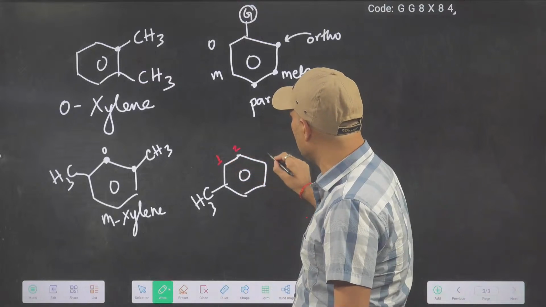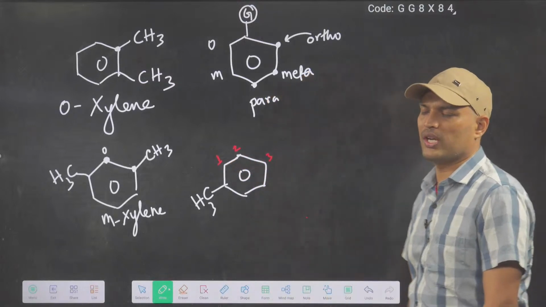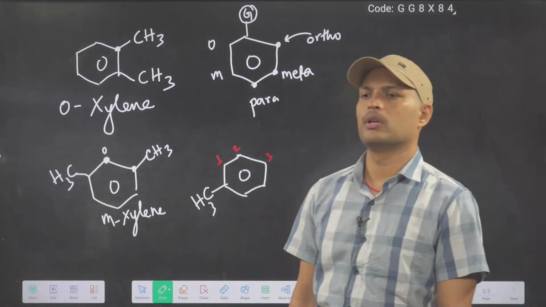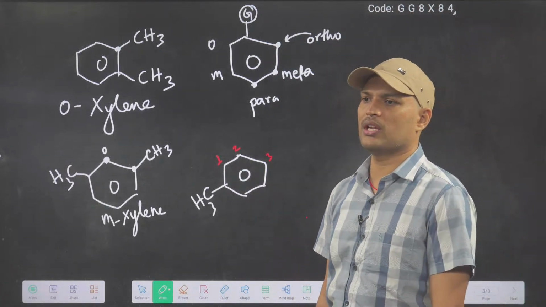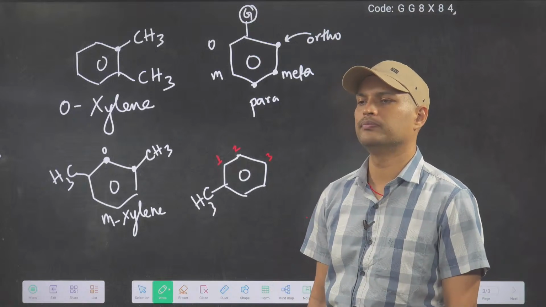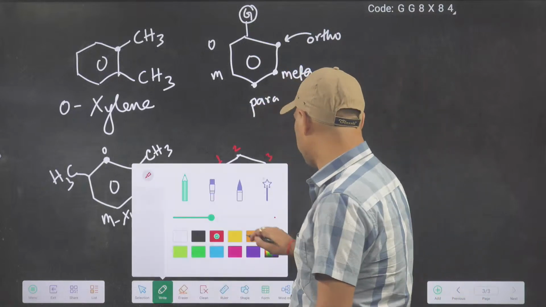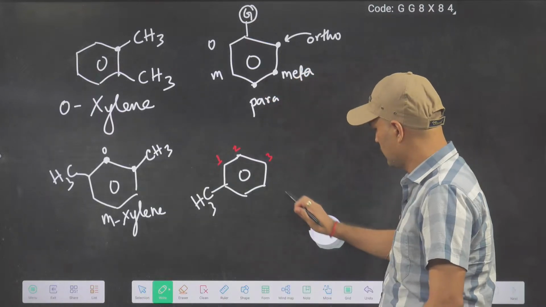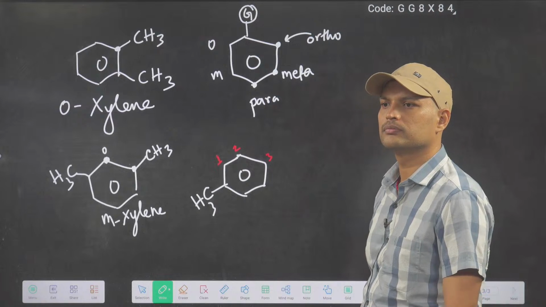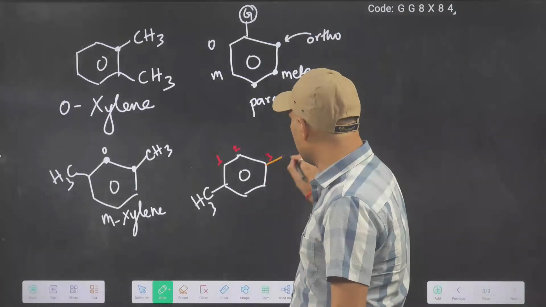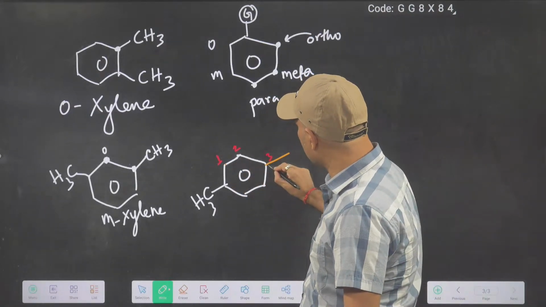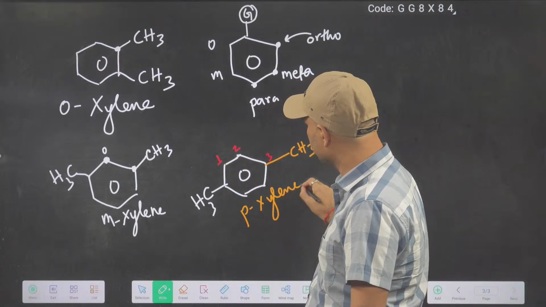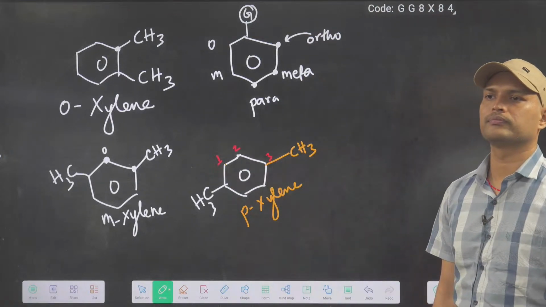If I mark 1, 2, 3, which is para position with respect to this methyl group? So third one, yes. Beside this is ortho, this is meta, this is para. So now this compound is paraxylene. Is it okay?